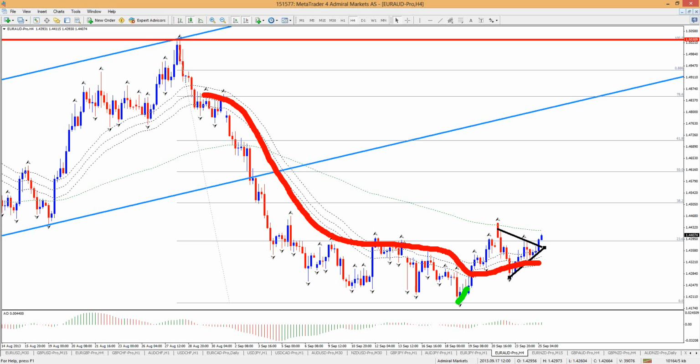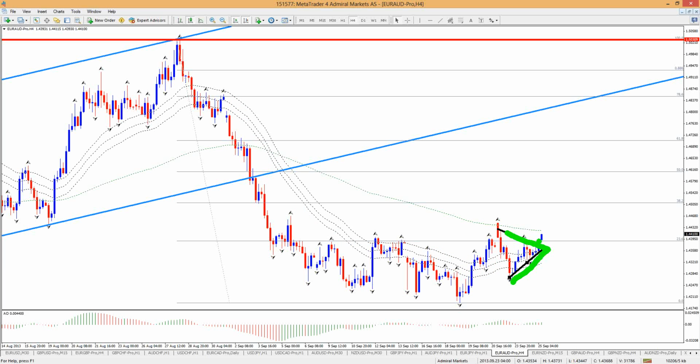We broke out of that, went to the long-term moving average after we've had divergence. Do you see that? Divergence between these bottoms. Where did price go to? Right to the long-term moving average. That was its target, right? Then we got a retracement from there, and we bounced off the band now to the upside, and we're breaking this triangle to the upside.